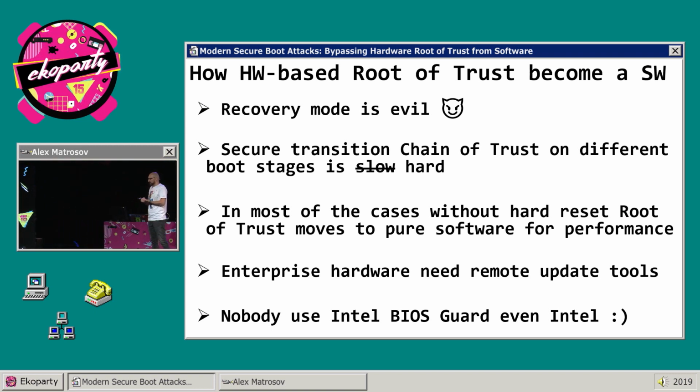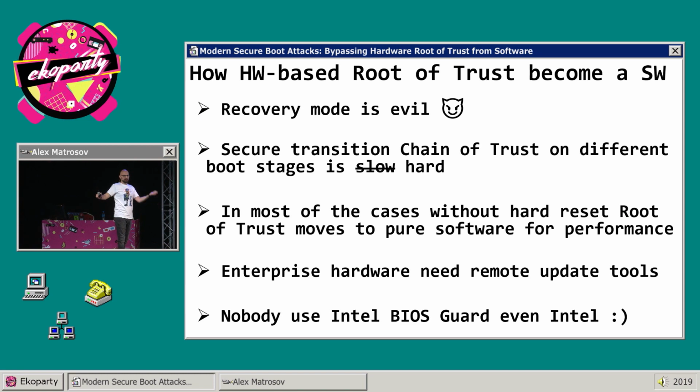In most cases, without a hard reset, the root of trust moves purely to software for performance purposes. What does that mean? When you go to sleep and hibernate, the transitions are not verified from the beginning, from the root of trust inside the hardware.